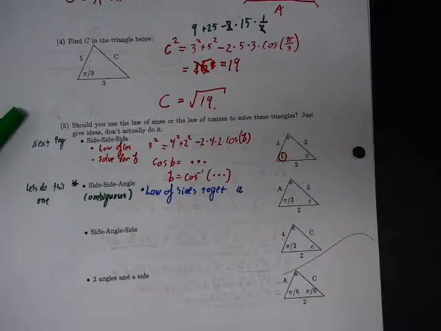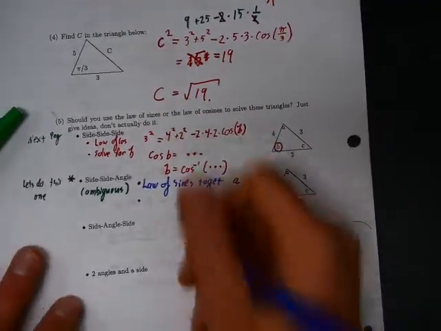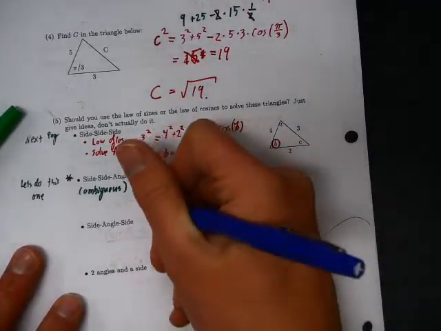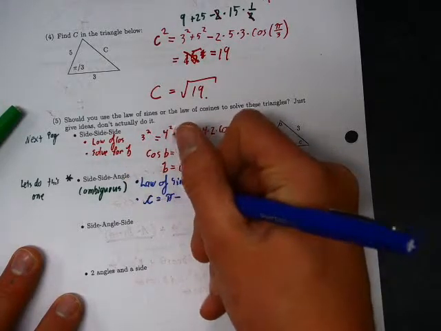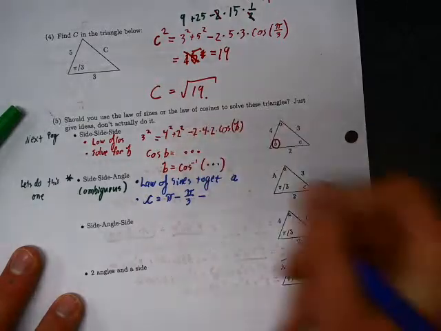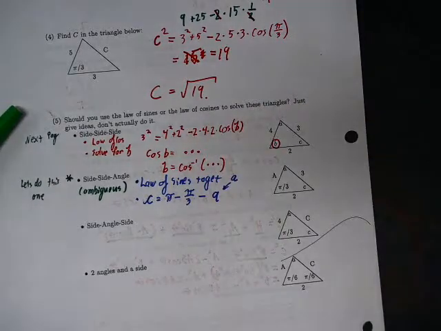Once you know little a, how can you figure out little c? What do the angles of a triangle have to add up to? Pi, 180 degrees. I'll stick in radians for now. You can say c is equal to pi minus pi over 3 minus a, which you know.